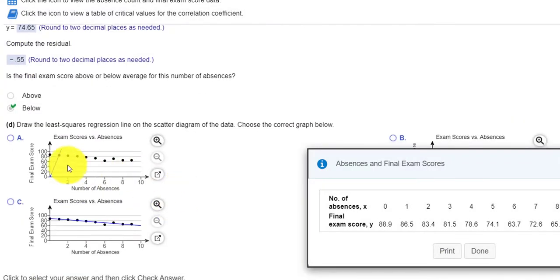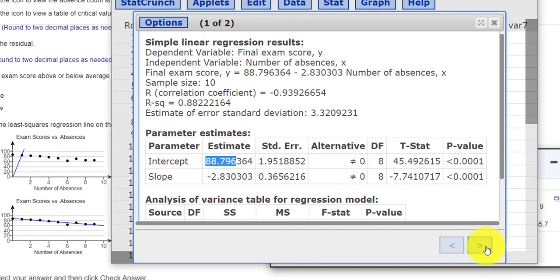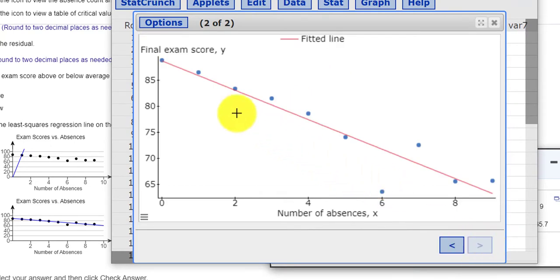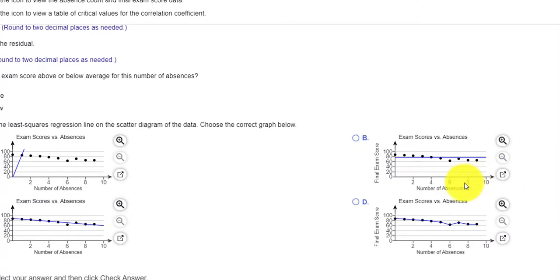And it says draw the scatter diagram. So if I go back to my StatCrunch, you see down here there's an arrow. That takes me to my scatter plot. I can go back and forth by clicking these buttons. So it looks like we have a relatively straight line. As we get to the bottom of the line, 2 points are above, 1 is below. So let's see if we can find something that looks like that.